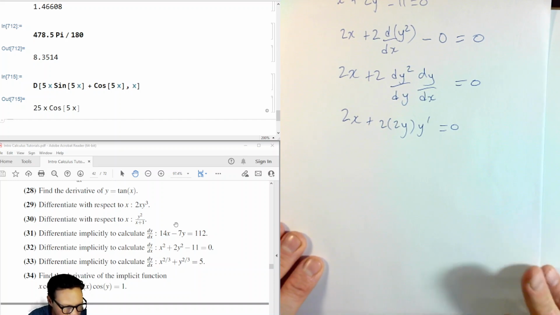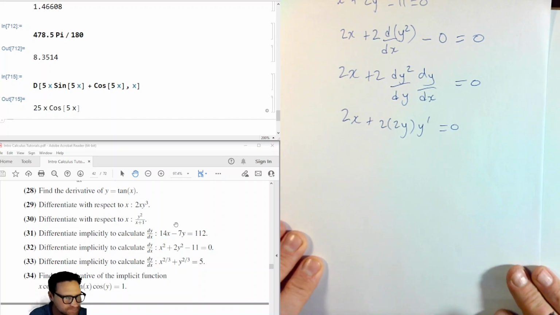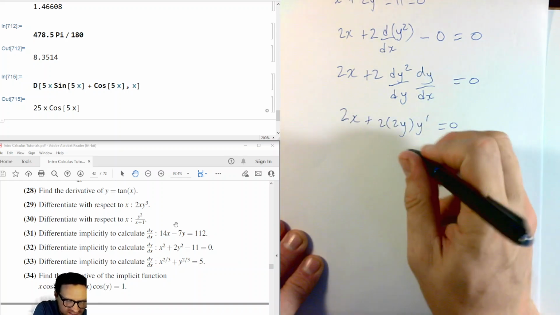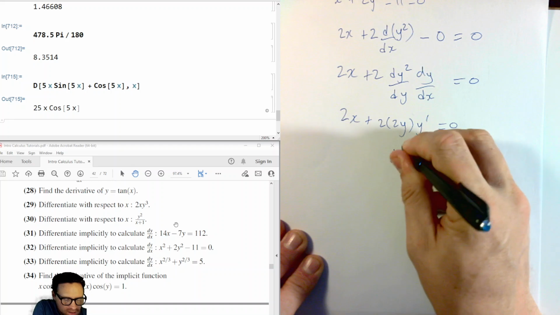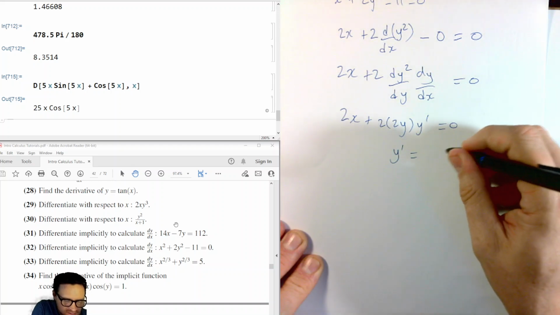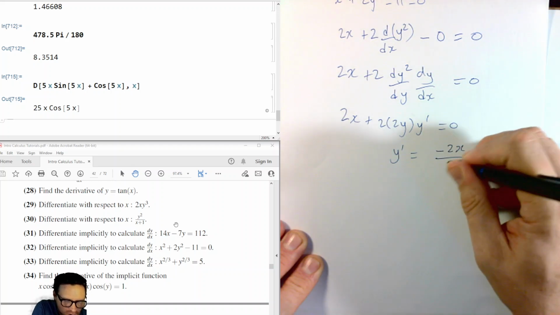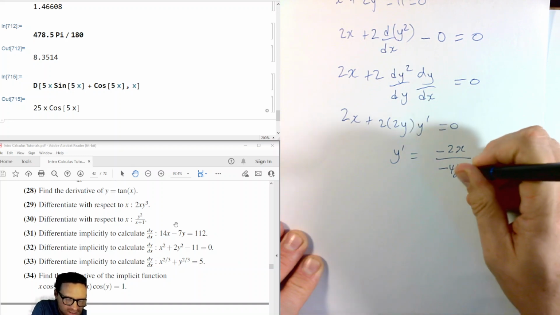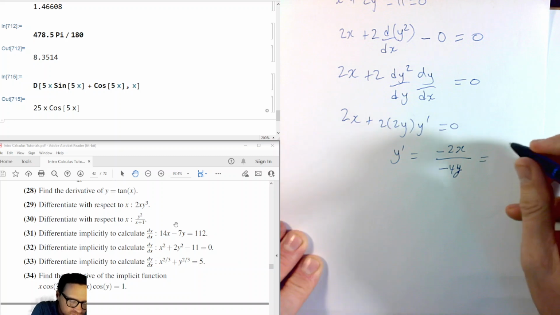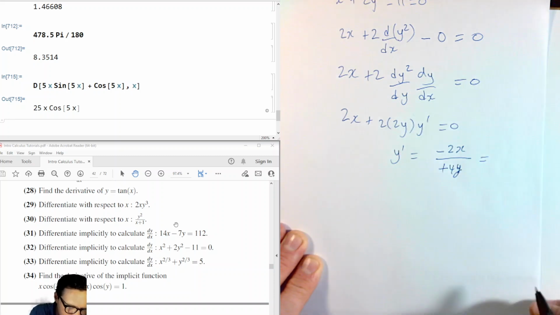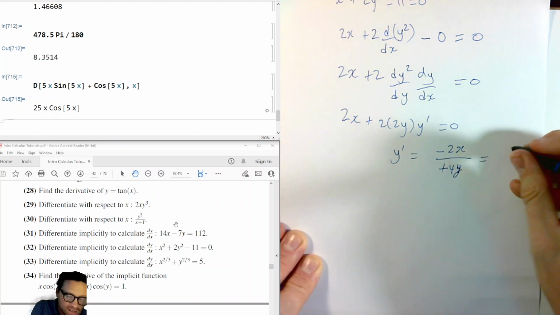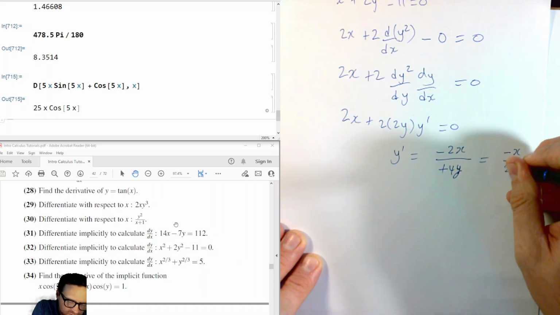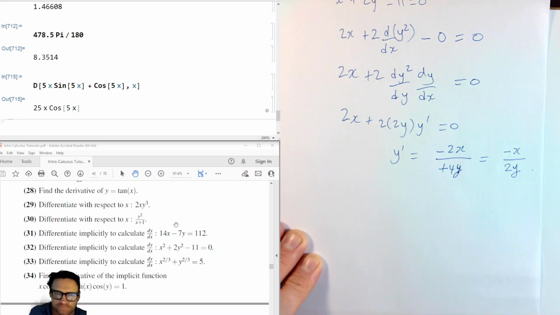Okay, we're asked to calculate dy on dx. So let's take the 2x over to the right hand side. y' is minus 2x over 4y. Now, provided y is not 0, we get minus x over 2y.